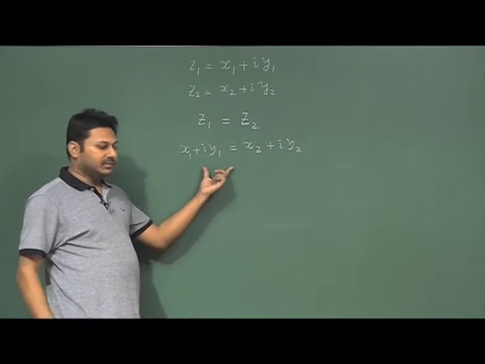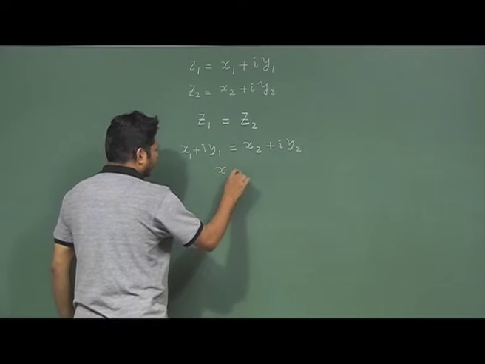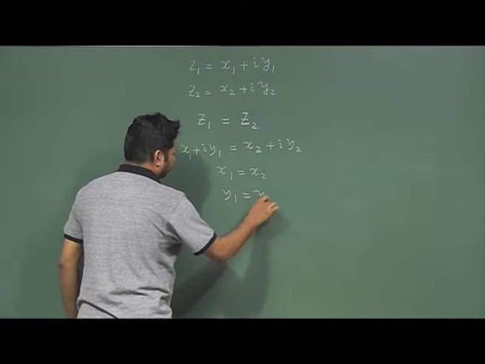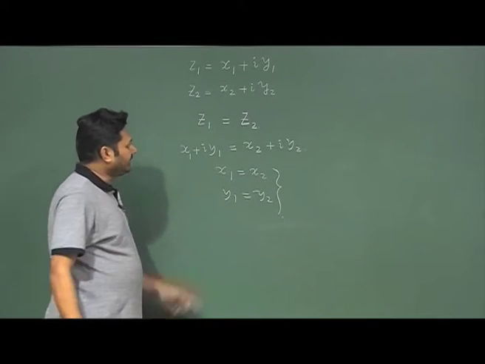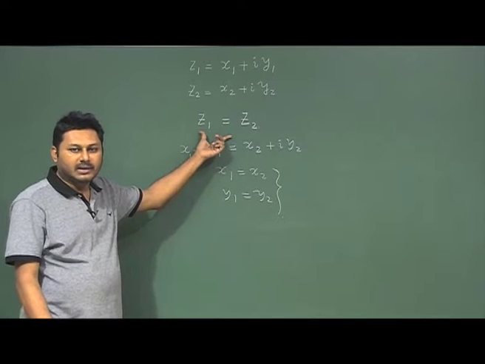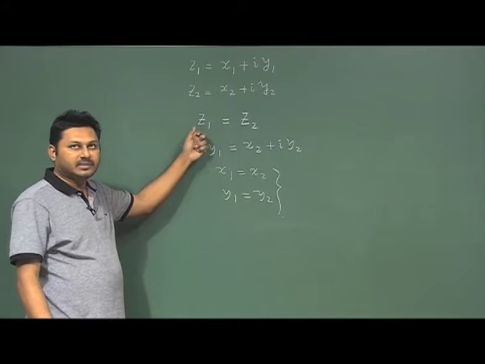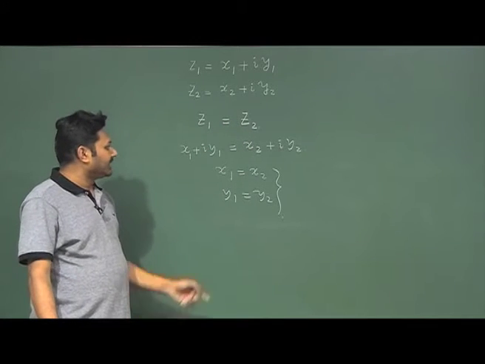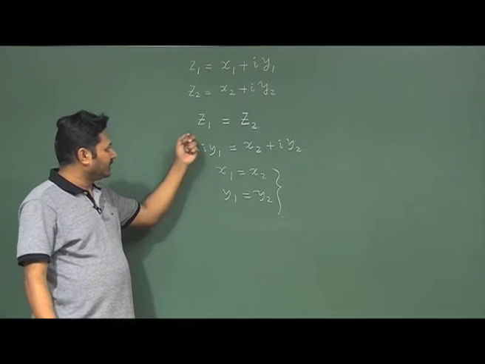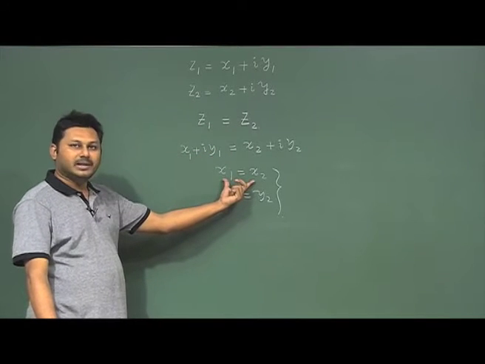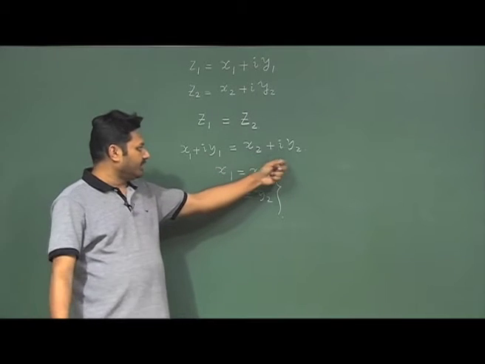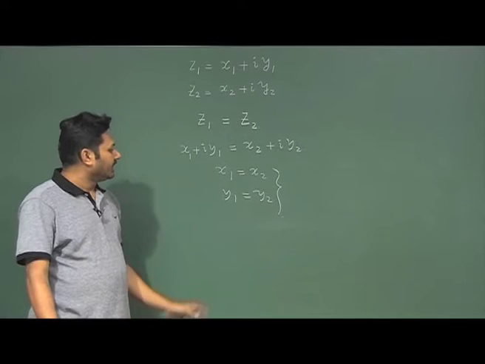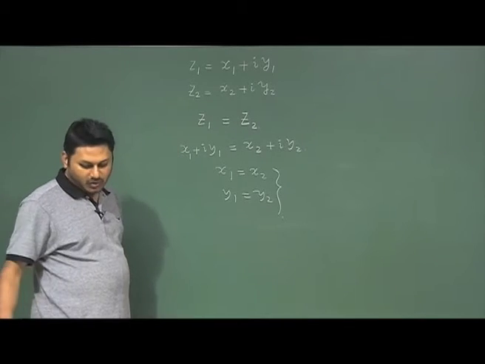It essentially means that x1 is equal to x2 and y1 is equal to y2. That means if two complex numbers are equal to each other, then the real parts are equal. Not only that, the imaginary parts are also equal. So, this is a very fundamental identity of complex numbers.